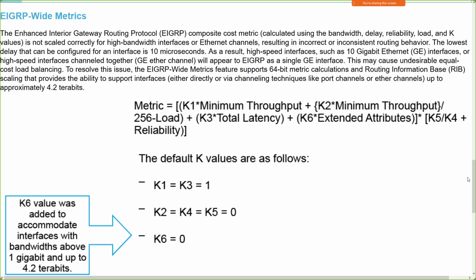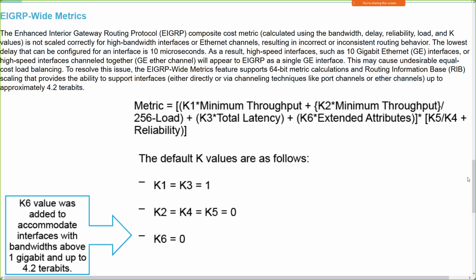So they created this EIGRP wide metric feature to go from a 32-bit metric, remember multiply by 256, that means we're adding 32 bits, to a 64-bit metric, which gives us plenty of room to identify the difference between, say, a very, very slow link and a very, very fast link, up to about 4.2 terabits a second. If we get beyond that in the future, we might have to modify the protocol again, maybe go to a 128-bit wide metric, right?